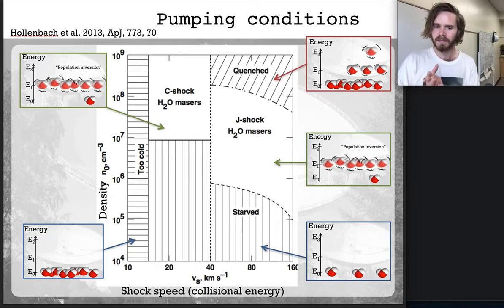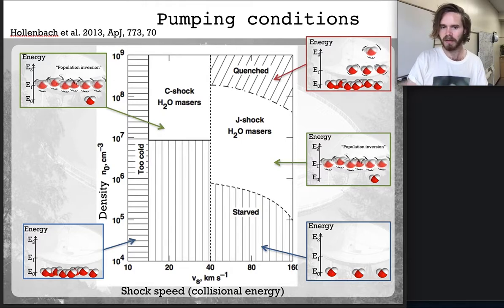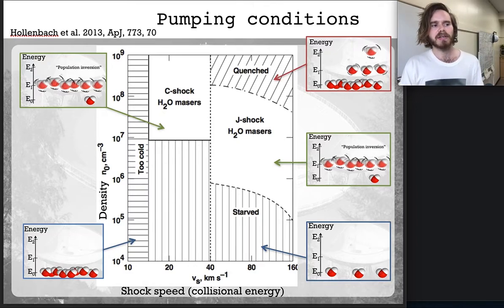So I want to discuss now a little bit more about these things. So masers, when we talk about making population inversion, we call it a pump. And this is just terminology that's been around for a long time, but you need to pump the maser, you pump the gas to make this maser emitting population inversion scenario.